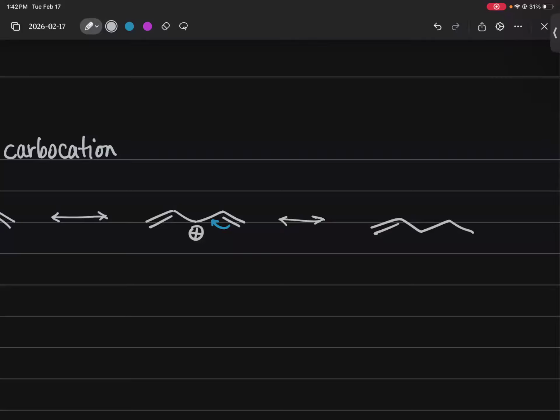So move those pi electrons from the double bond on the right to this position. And then calculate formal charges, which again you can do by counting hydrogens, or just by the fact that the positive charge moves right there because it's lost a carbon-carbon bond.